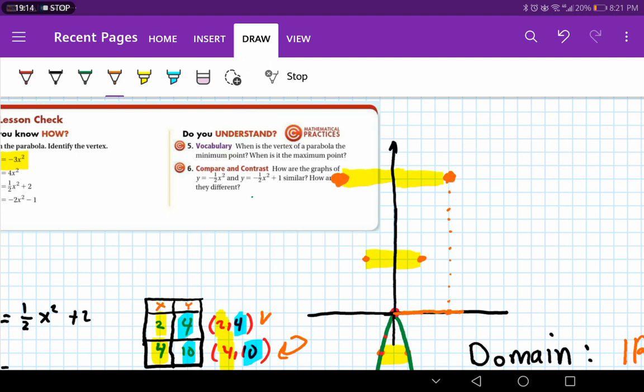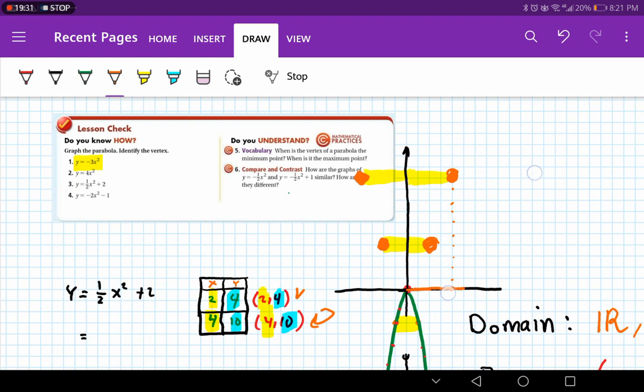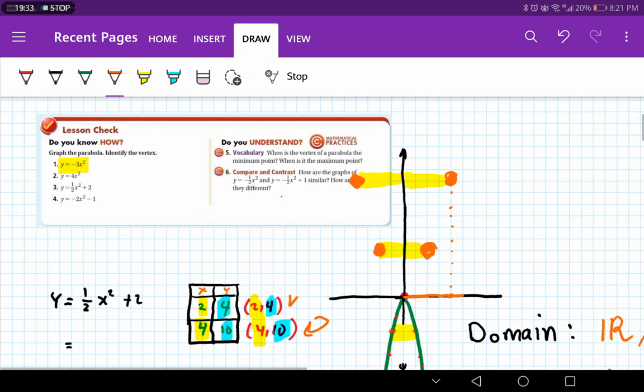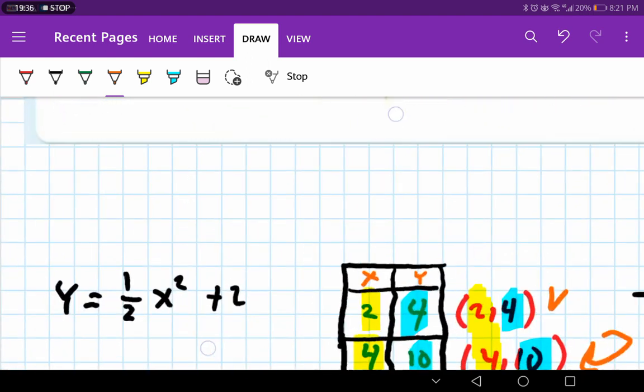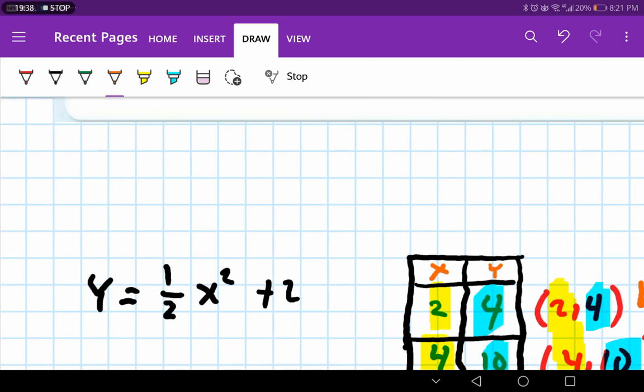So for each point I plotted, I plot the reflection. So instead of 2 points, I graph 4 points here, or 2 pairs. Now the most important thing: you have to go back to the equation before you connect and check if there is a plus.